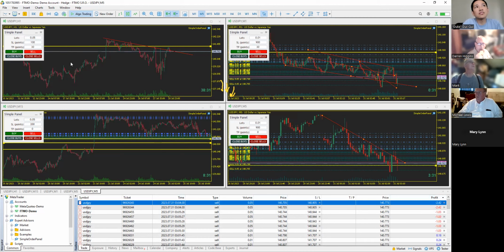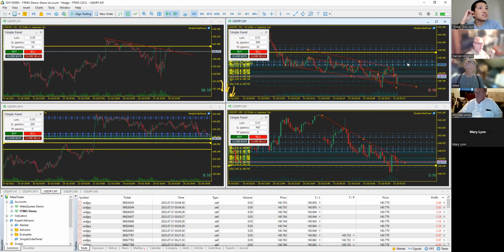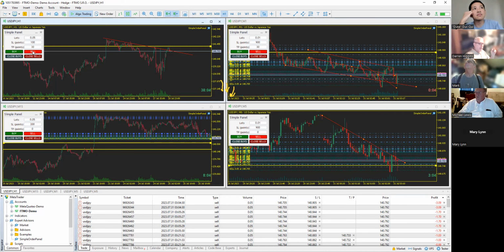There it retouches. So now let's reload. 1, 2, 3. It's only just the 50%, so that's why I loaded there. Pull these stop losses up slightly. Okay, 1, 2, 3, 4, 5.